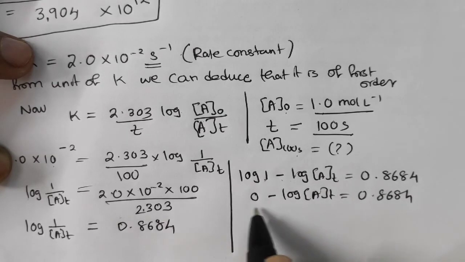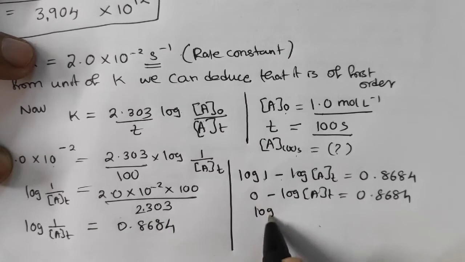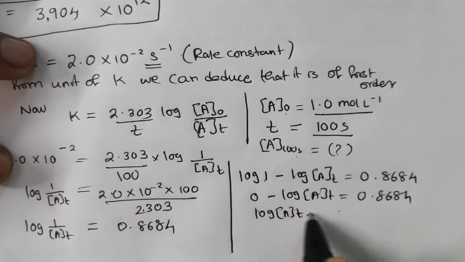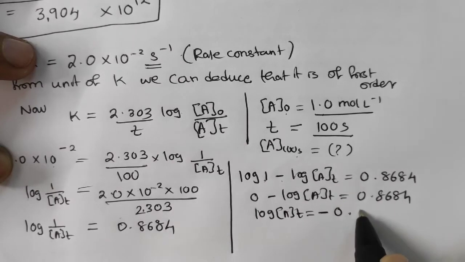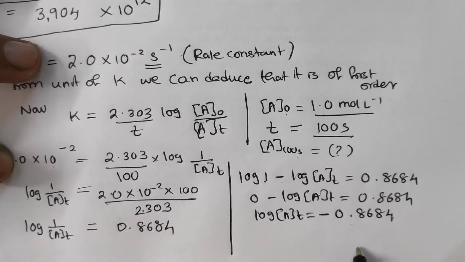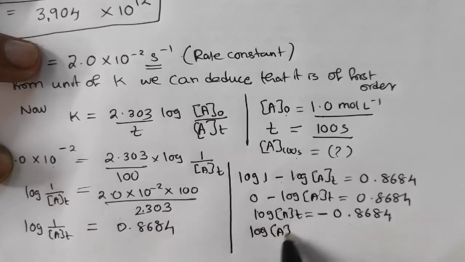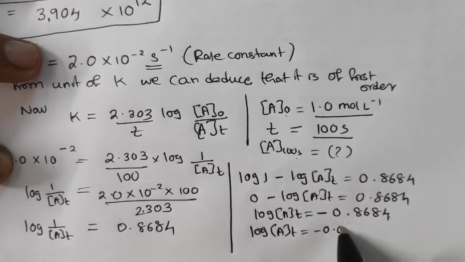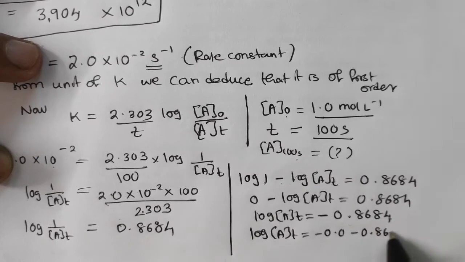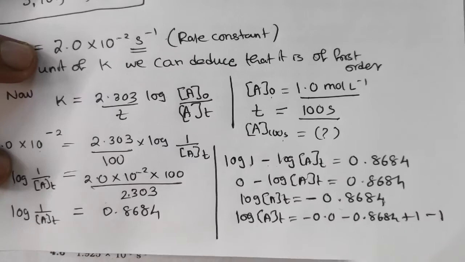Now this negative sign, I will multiply both sides by minus 1, and you will get log A is equal to negative 0.8684. Now we know this cannot be used directly, so we will convert it into a positive part, that is minus 0.8684 plus 1 minus 1, like this, for conversion.